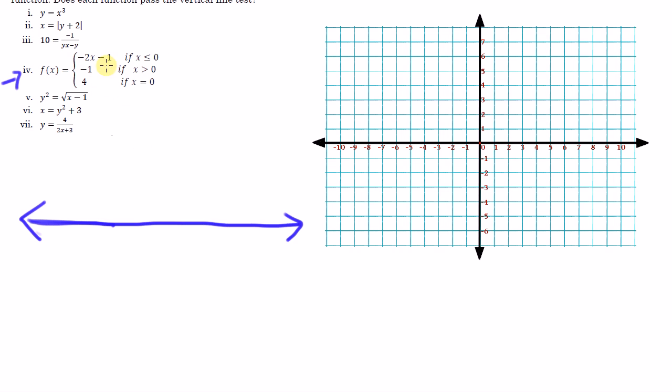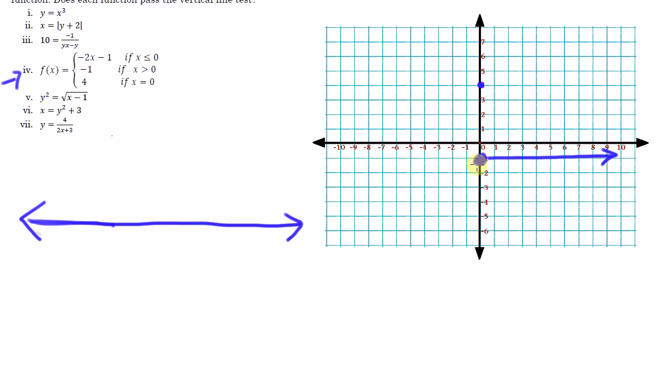Okay, so we have, and actually we have a graph of this that we had done before, where we had 0 is 4, and then negative 1 greater than 0. So we had this, and then we had the line negative 2x minus 1. So then this would get filled, oh wait.